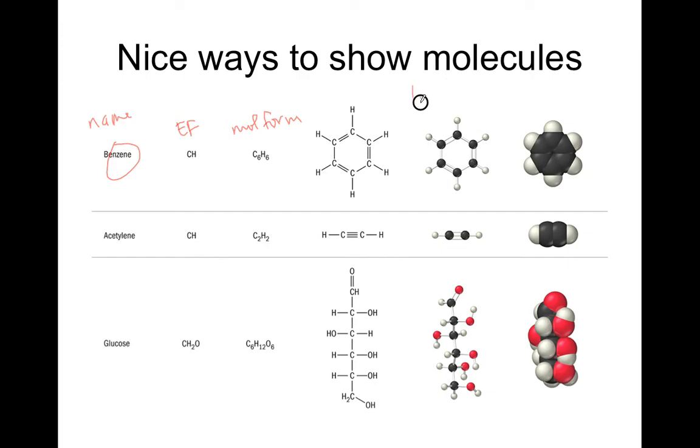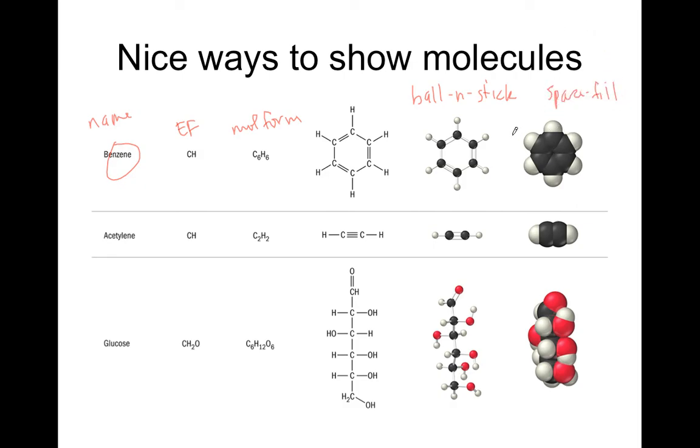We're going to call this ball and stick. It doesn't matter what you call it, of course, but usually if you hear ball and stick, that's what this is. It's not something you'd be drawing a whole lot because that'd take a lot of effort. You can draw a structural formula, but it's hard to draw a ball and stick, but the textbook can draw it for you, or we can draw it with a computer program. And this is oftentimes called space filling.